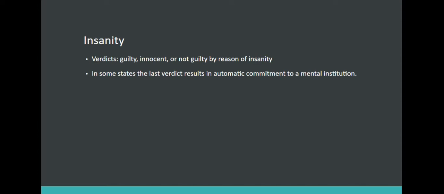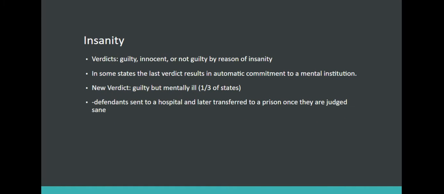In some states, the last verdict, not guilty by reason of insanity, results in automatic commitment to a mental institution. Some states, about a third of states, have a new verdict, guilty but mentally ill. In that case, defendants are sent to a hospital and later transferred to a prison once they are judged sane.